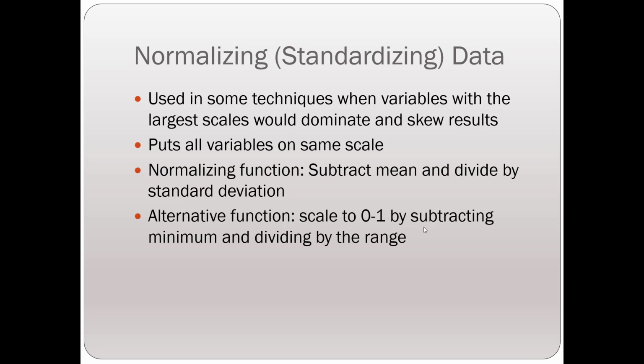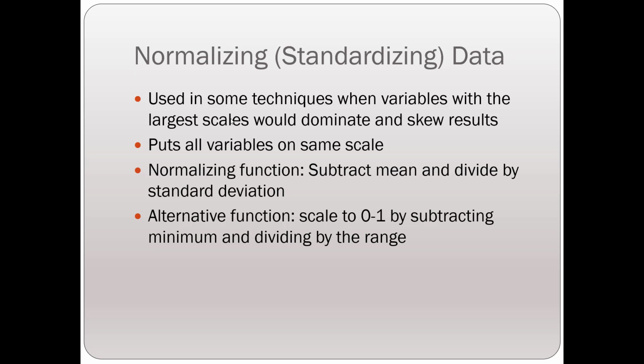The variable with larger values will have a larger influence on how the records are predicted. So you don't want such scale disparity to affect your prediction. That's also a case where you would normalize. So, normalizing when the data is skewed, and normalizing when the data scale is widely different.